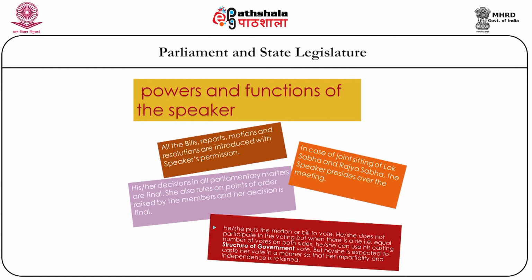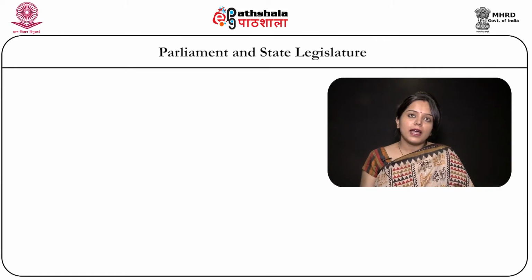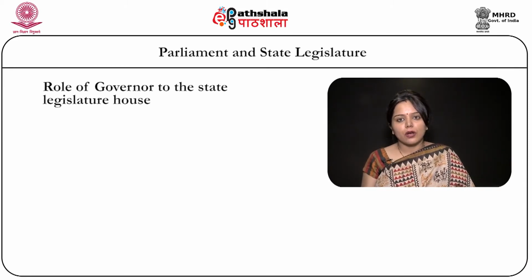So, the Speaker can use the casting vote in a situation of tie, and it is again the moral and constitutional duty of the Speaker that he should vote impartially and independently.